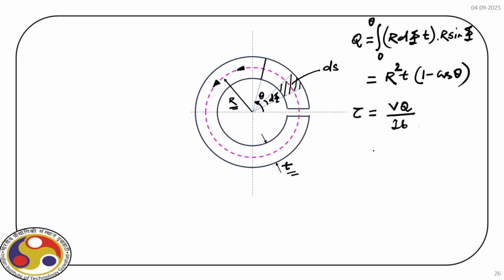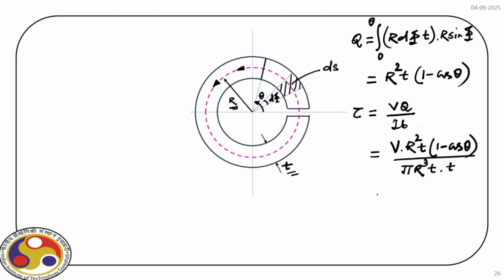Tau is nothing but VQ by Ib, right? So for our problem, we have shear force at the section level is V. Q we have already derived, that is r square t times 1 minus cos of theta, divided by I, and for this circular section we can evaluate that, that is pi r cube t, times we have another t.